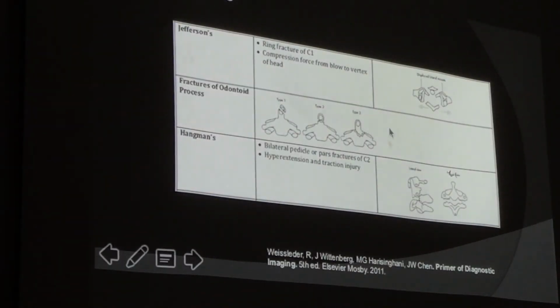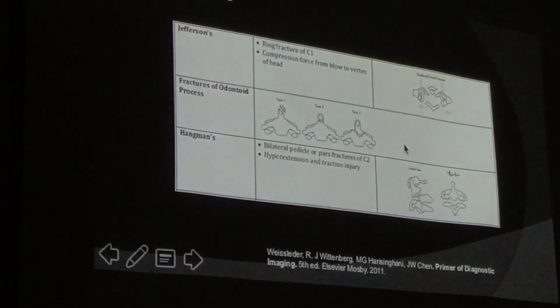And then there are different kinds of fractures involving the cervical spine. You can have a comminuted fracture involving the C1 vertebral body. You can have fractures of the odontoid process, and if you're clinically thinking of that, you could ask for an open mouth view.